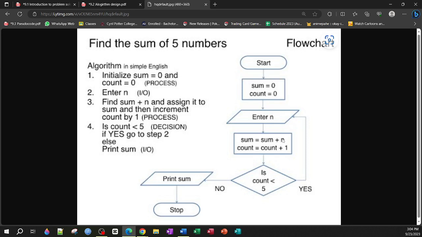To answer your question, we usually go top to bottom because that's how we want to represent the flow of data, starting from the top going to the bottom. And these lines indicate how the data would flow.